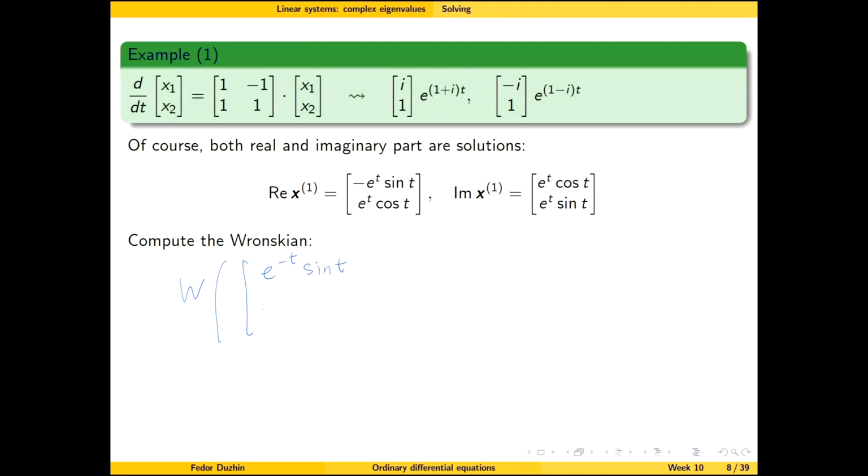To compute the Wronskian, you just form a matrix out of these two solutions, writing them together. The Wronskian of the system is nothing else but the determinant of this matrix.